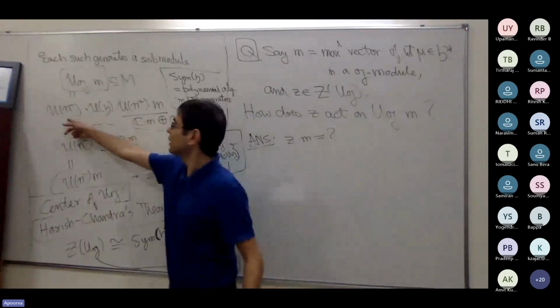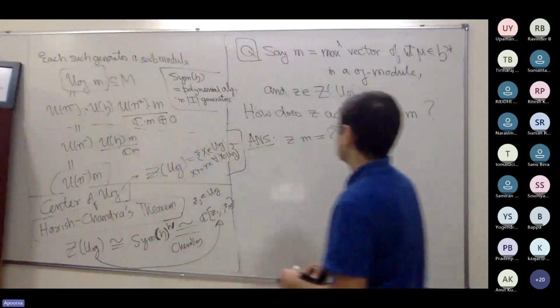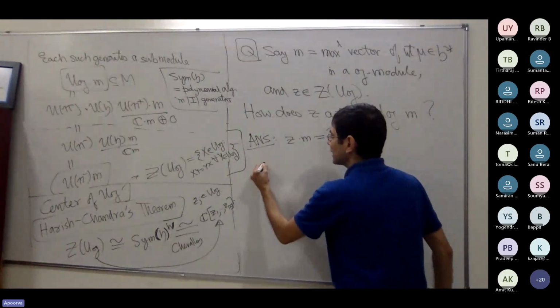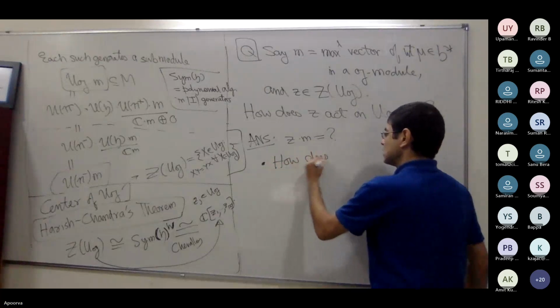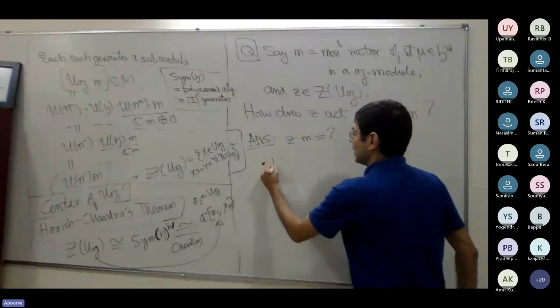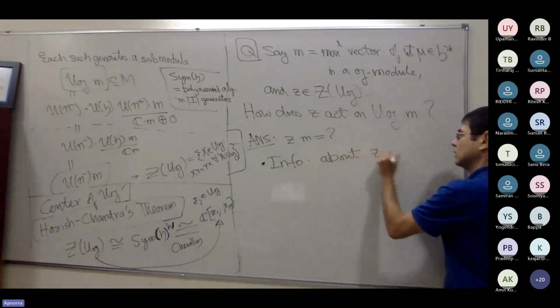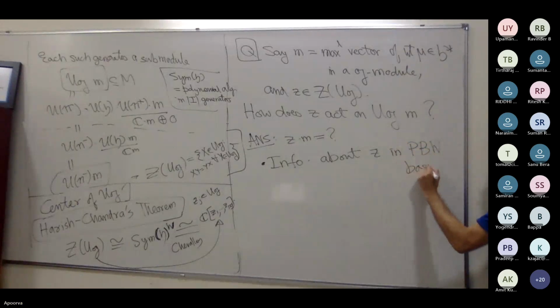Now, as we said, you can write down any element of UG in this PBW form. So before we do this, can one give some more information about Z in the PBW basis?